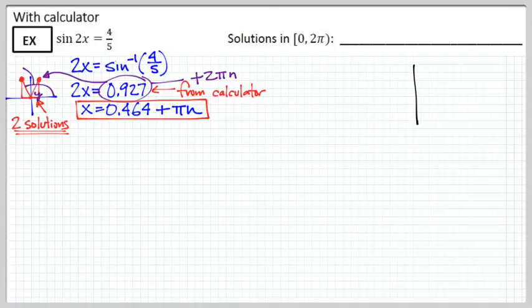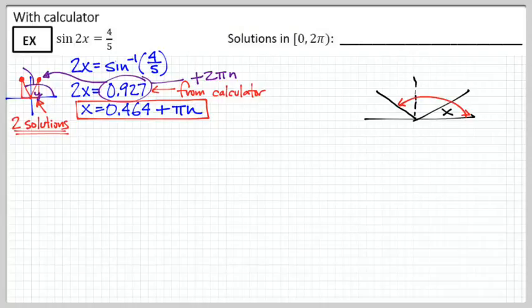We could imagine this angle x, and I'll draw that lightly. Then we have a reflection over here, actually. And I want to figure out what this measure here is equal to.